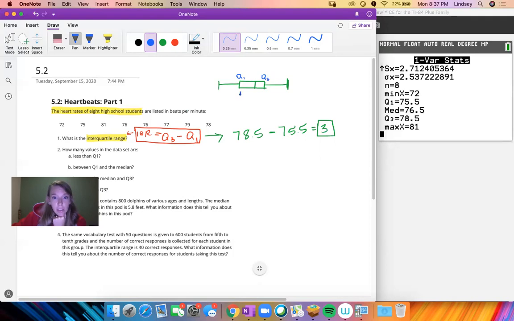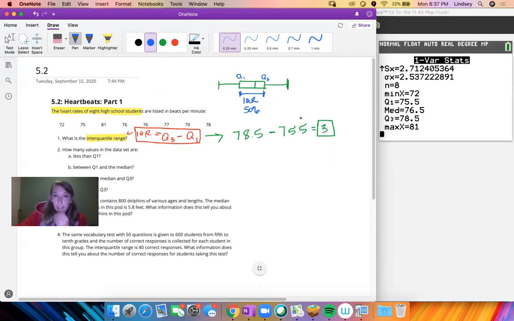The IQR is telling me the whole range, the size of the box of my box plot. It tells you from where the box starts to where it finishes. And what you need to understand about that chunk of data is that whole box represents 50% of the data.